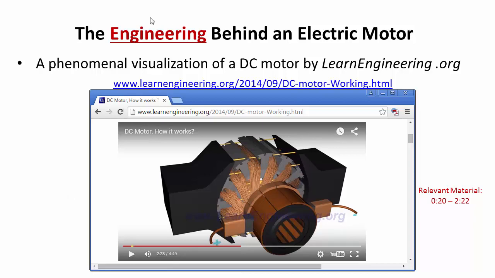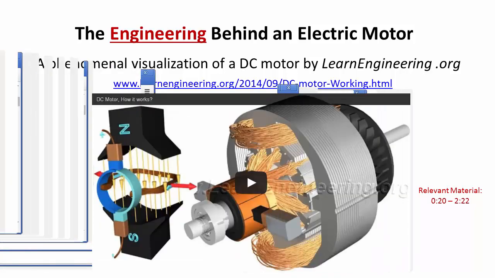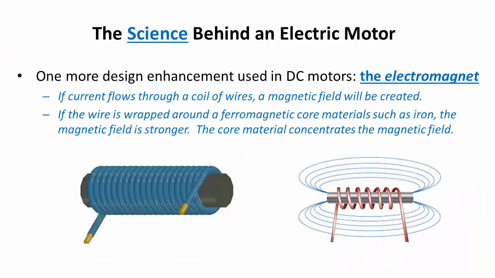Okay, so then let's take a look at another invention that allowed the DC motor to evolve, and that is in the form of what's called an electromagnet. So this is another great outreach activity for elementary school students or middle schoolers, and this is an observation, so this is the science: if you make a coil of wires and you run current through it, that coil of wires will actually create a magnetic field.